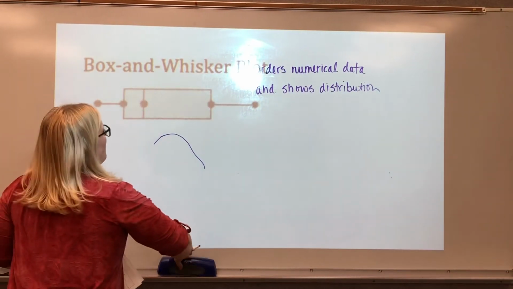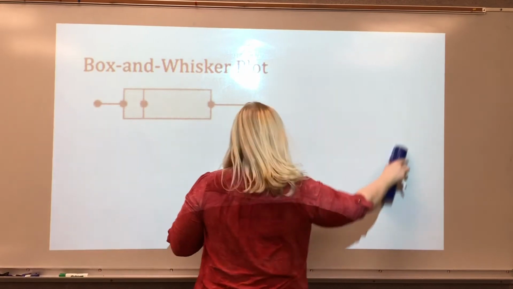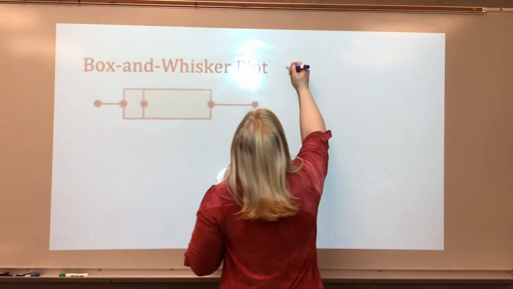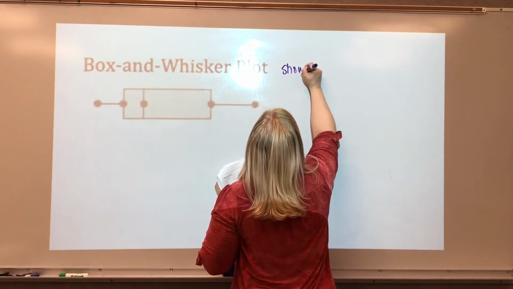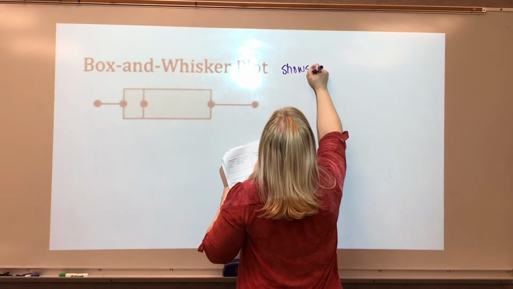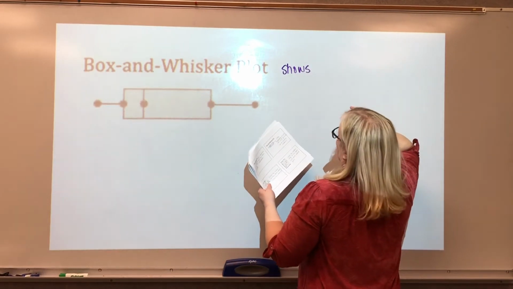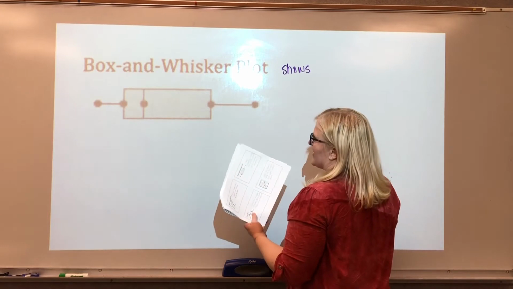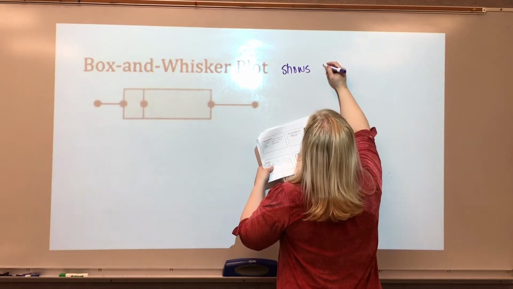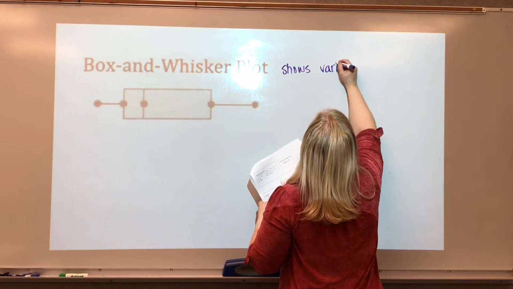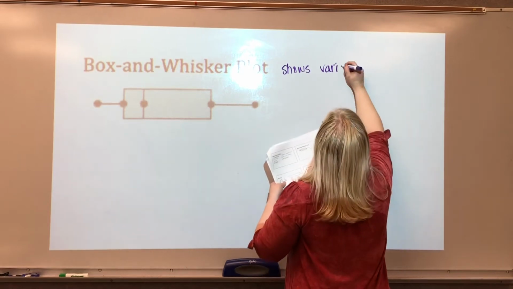All right, box and whisker plots. This kind of graph shows variability of data sets using quartiles. I was going to say graph or chart.